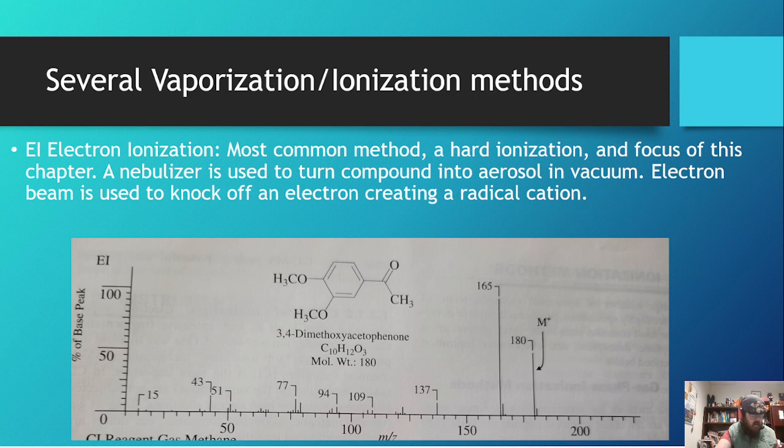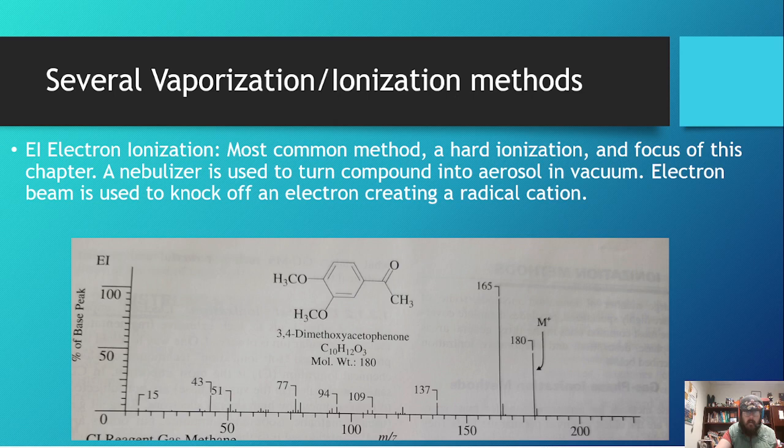Now, one of the neat things about electron impact is that if you hit it with the same strength beam, and there's an average beam strength that most people use, it creates a distinctive pattern of fragmentation.